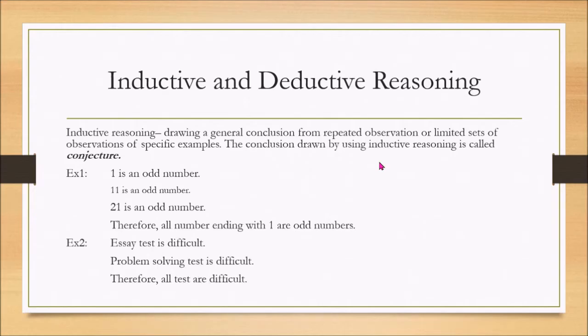Another example: essay test is difficult. Another statement: problem solving test is difficult. Therefore, all tests are difficult. So that is from very specific tests, essay and problem solving, to a general conclusion that all tests are difficult.